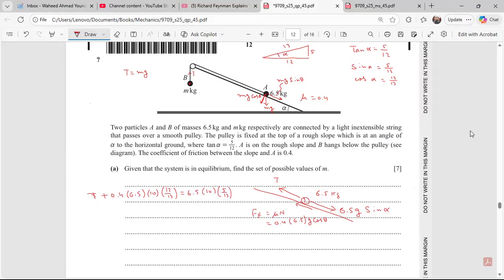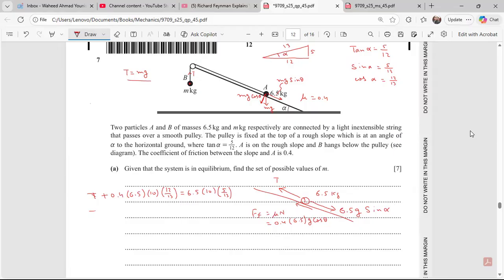I hope this is clear. The solution of this will give me the value of T, and from this T I will calculate the value of this mass, which is barely necessary to keep it in place and not let it slide down. So let's do this math.